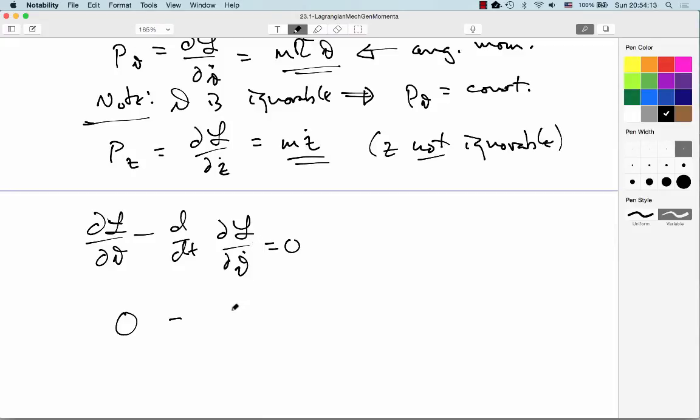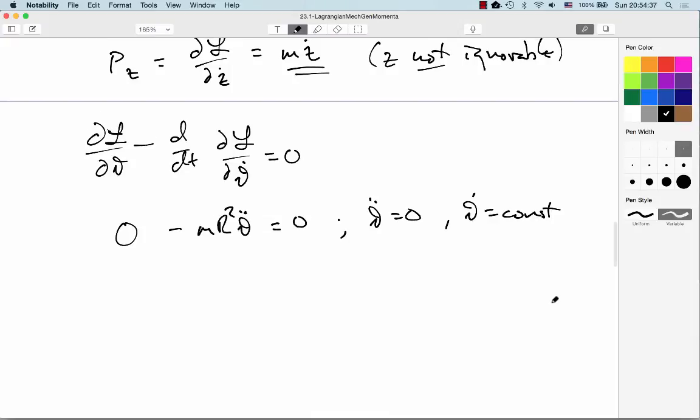Differentiate that with respect to time, we get m r squared theta double dot equals 0. So we get that theta double dot is equal to 0, and theta dot is equal to a constant. In other words, yes, the angular momentum is conserved. I don't think that was any big surprise.